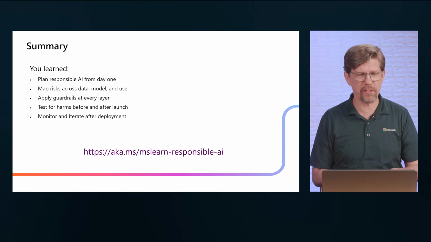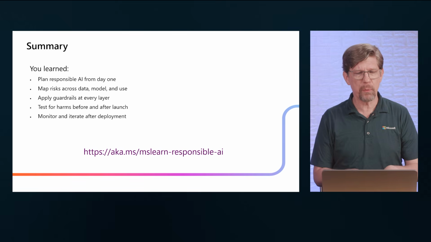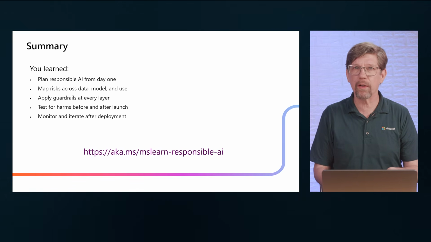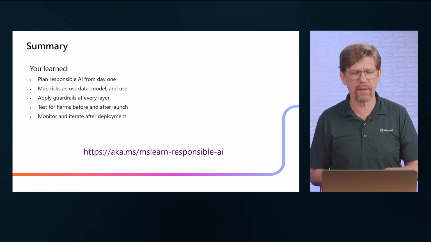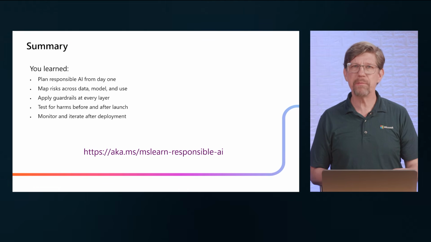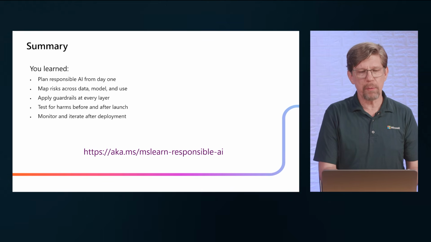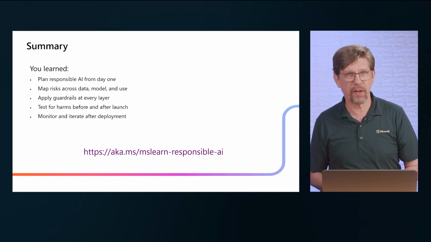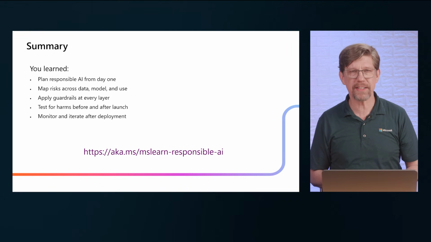We need to go through that process of mapping those risks. We need to go through and looking at the guardrails that need to be employed along the way. And we need to be testing for harms before and after the launch, and then repeating that process as we go on.